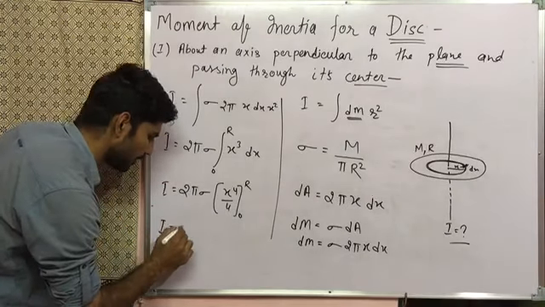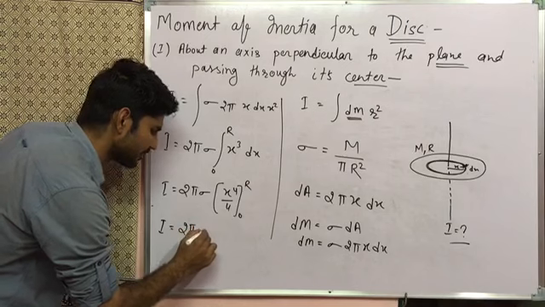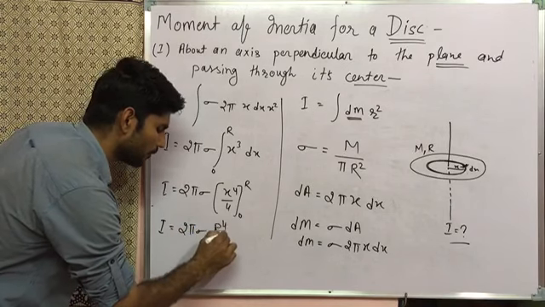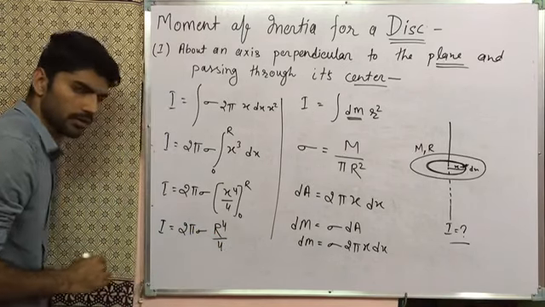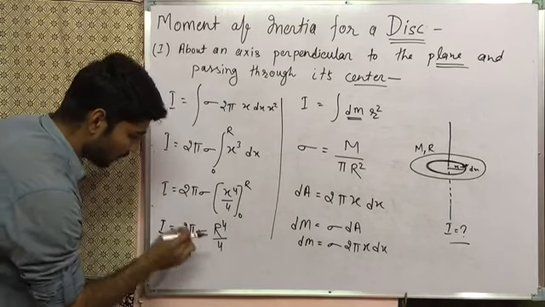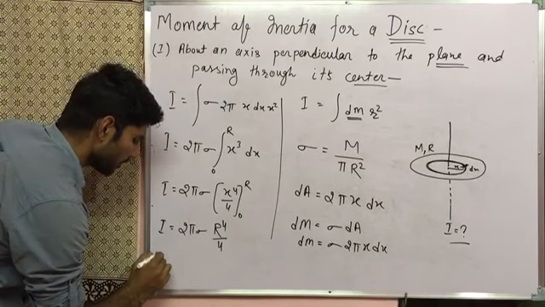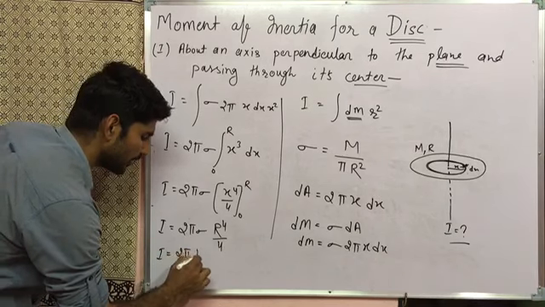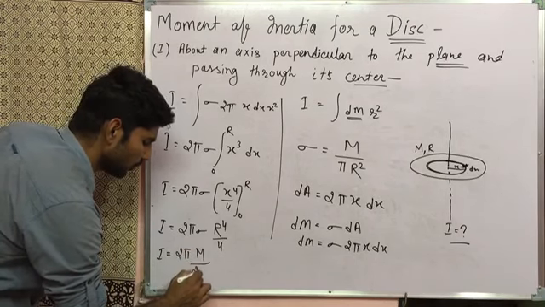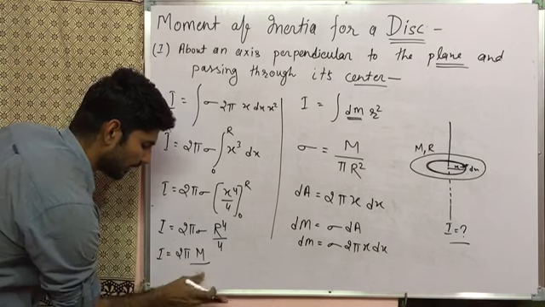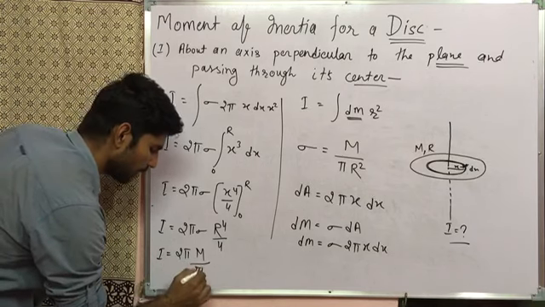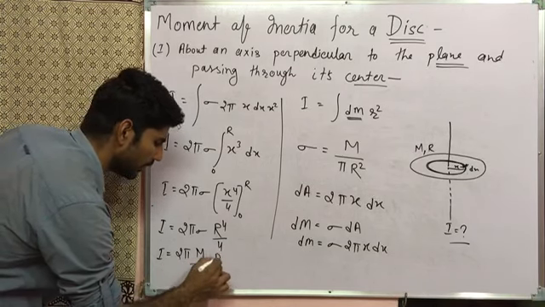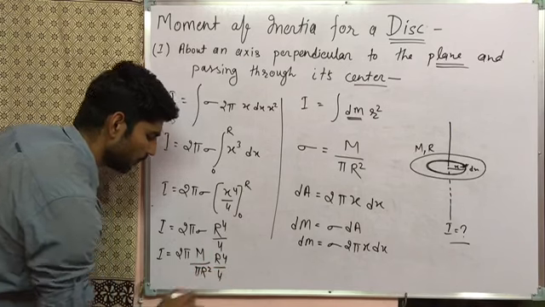So I will be 2 pi sigma R power 4 by 4. We can put the value of sigma now, the areal density: I equals 2 pi, the value of sigma is capital M upon pi R square, times R power 4 upon 4.